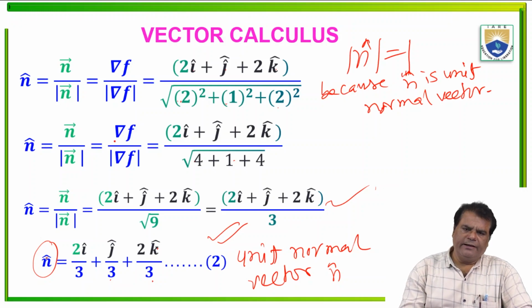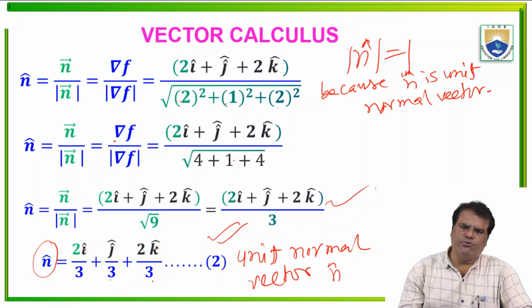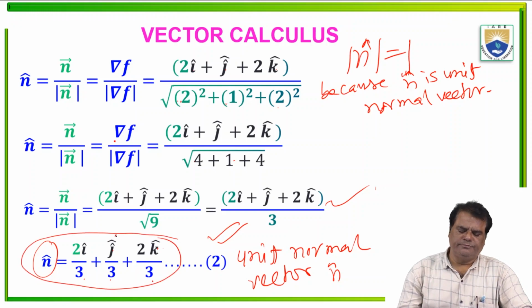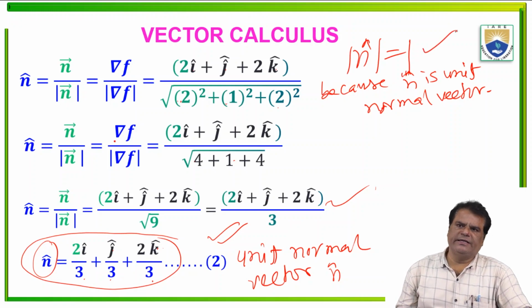So we find here n cap is 2i by 3 plus j by 3 plus 2k by 3, and the modulus of this vector is 1.